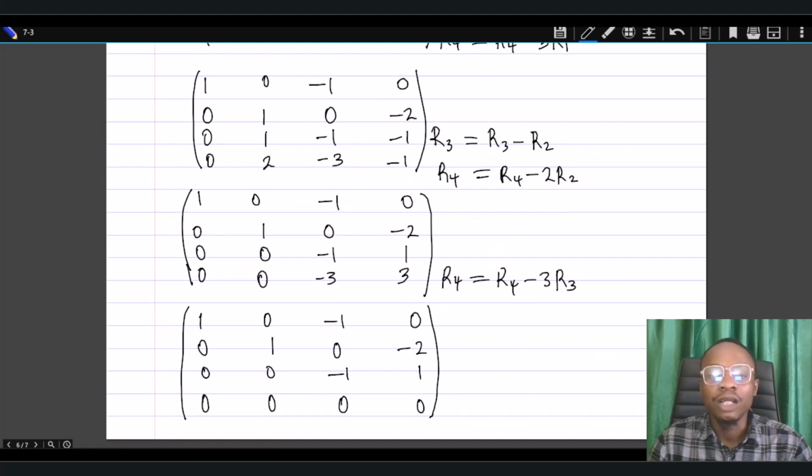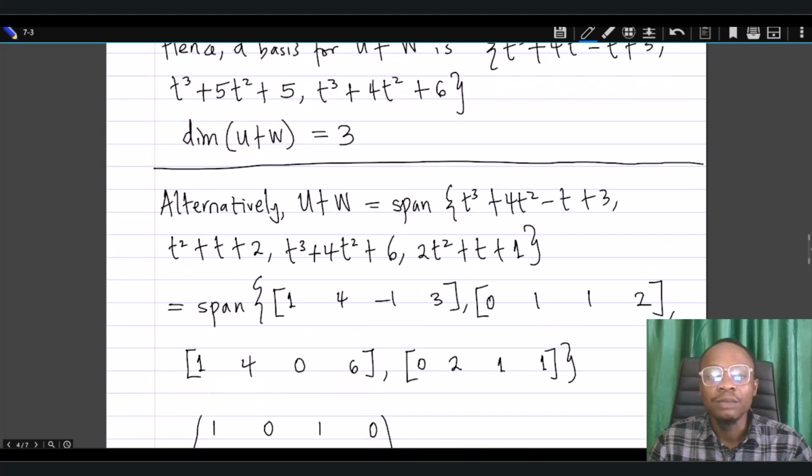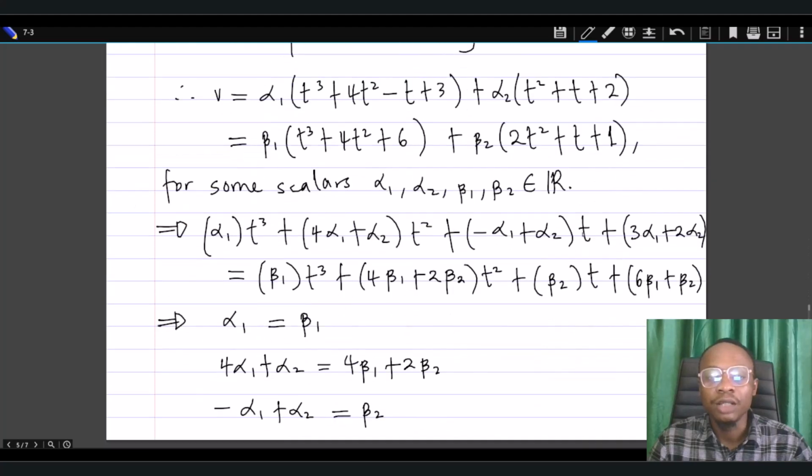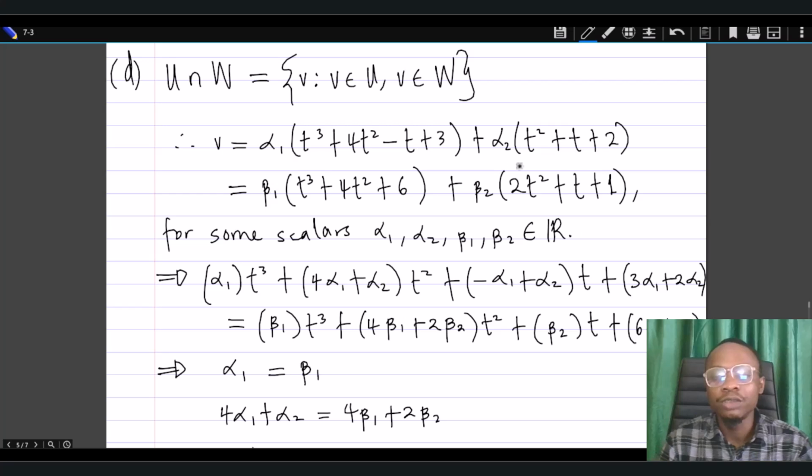So we now say that using this in the expression we started off with here, maybe we should denote this as some equation, say equation star, so that we can now make reference to it.